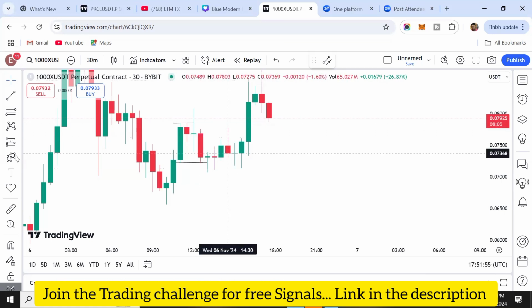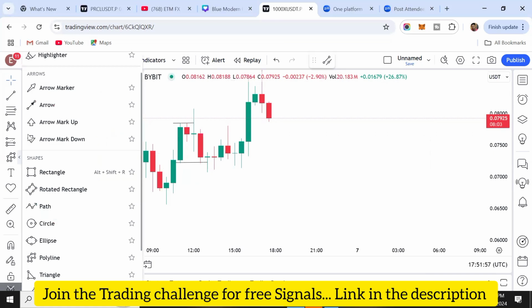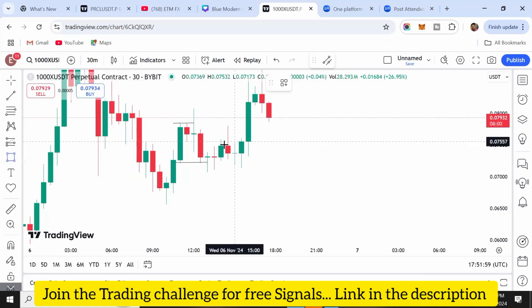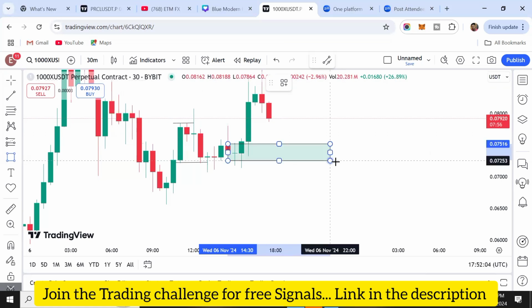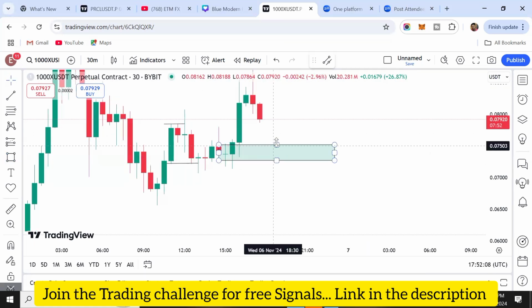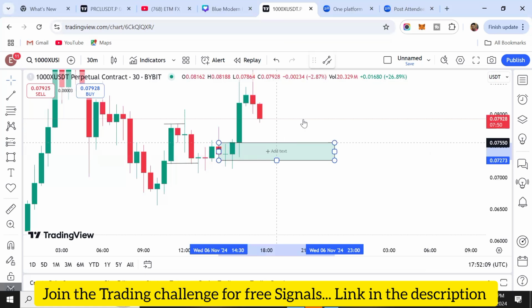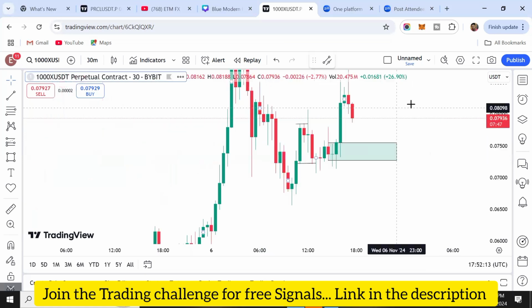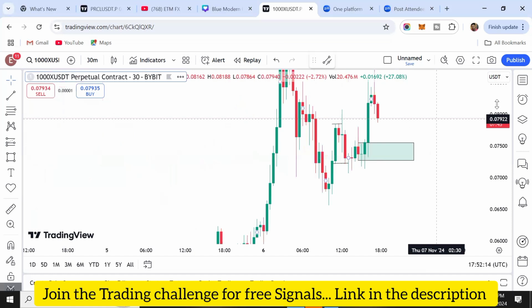What do we do next? Our order block is obviously somewhere around here. So all you have to do is just wait for price to come to this zone and then take your entry.